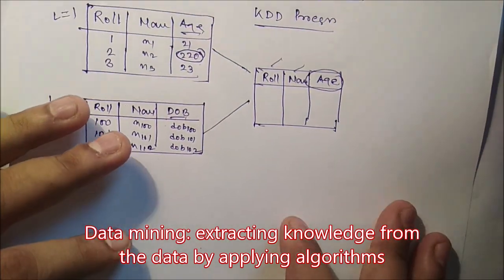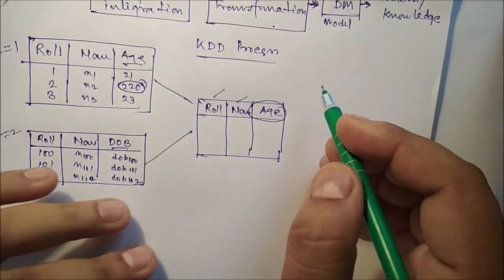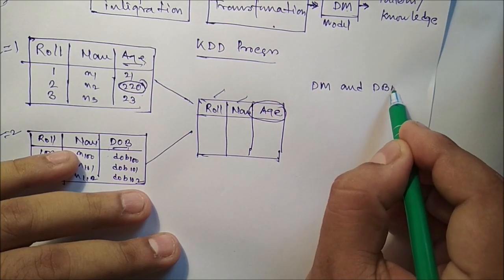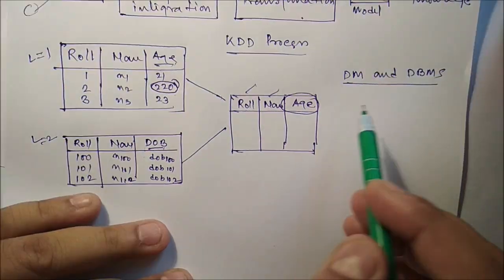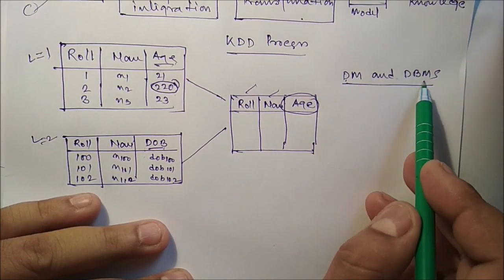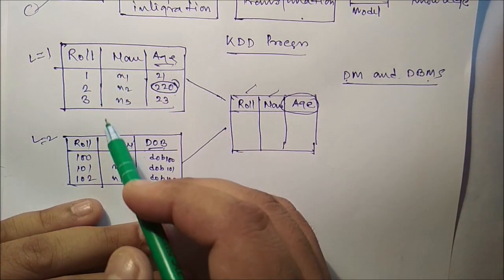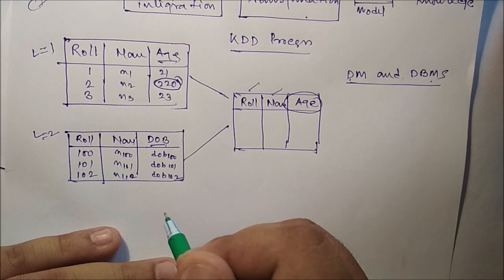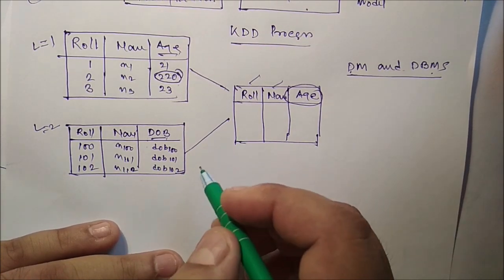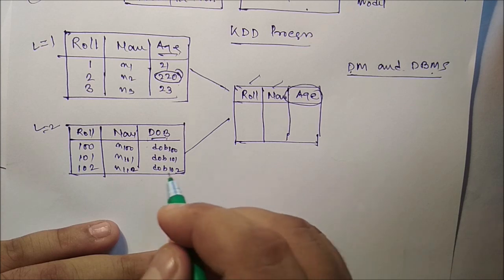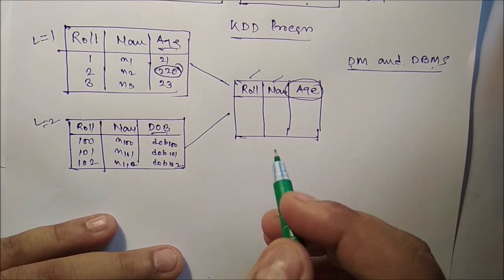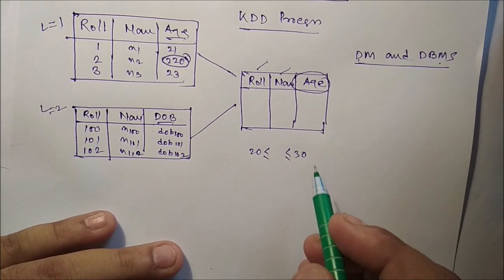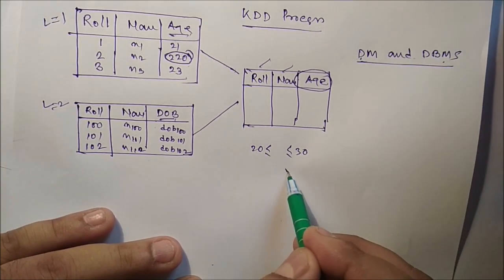Now here we discuss two things. What is the basic difference between data mining and DBMS? In DBMS we just store the data, and you put some query and we can extract some information. Say how many students are there, what is the roll number of this name, what is the age of this name, how many students are there between age 20 and 30, how many students are there whose age is more than 40.